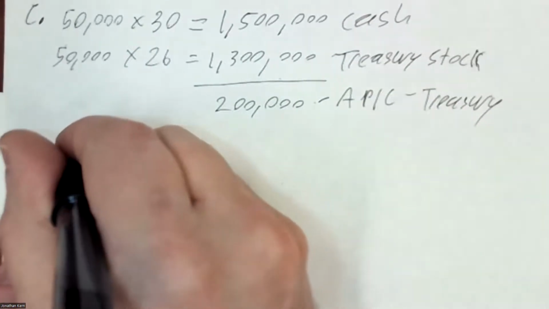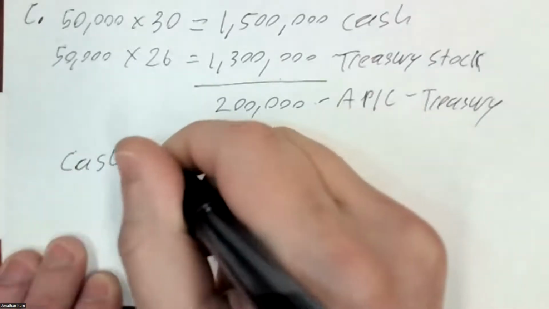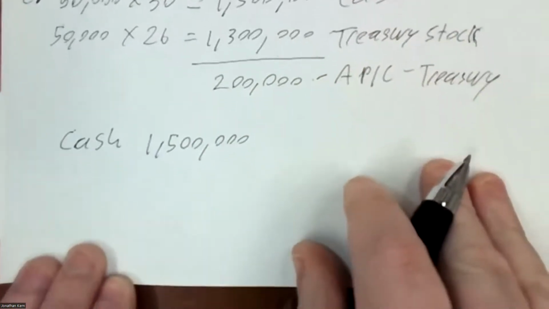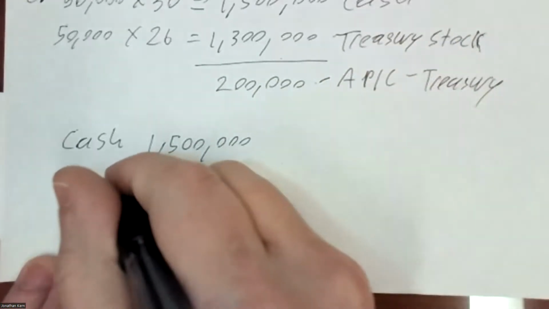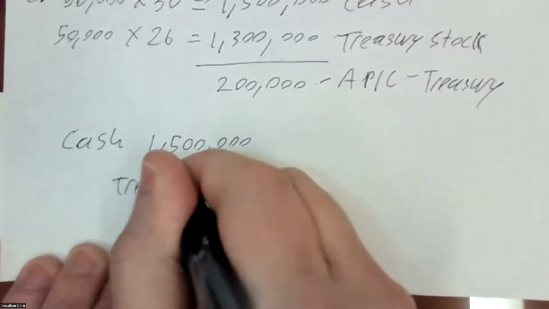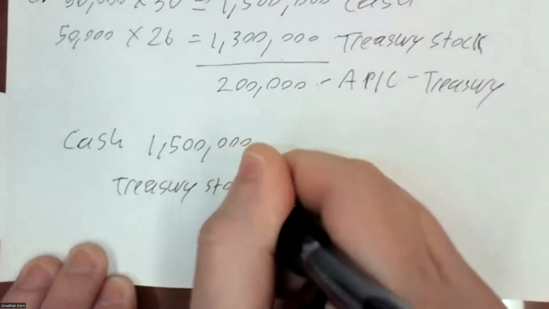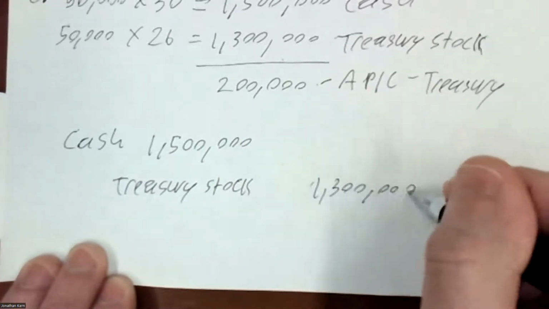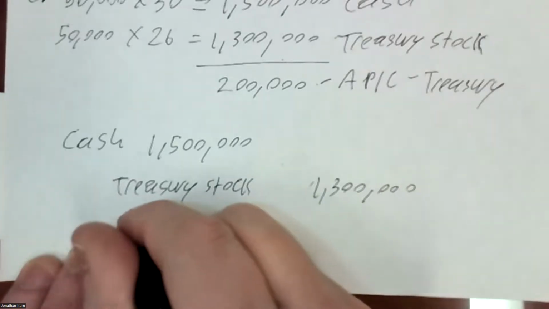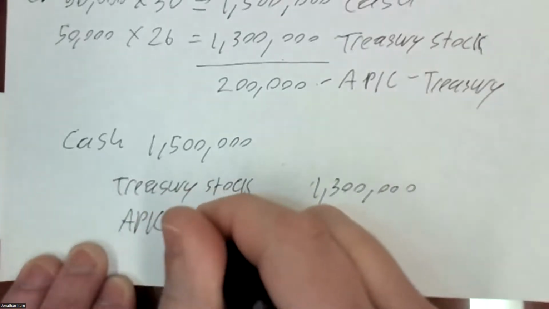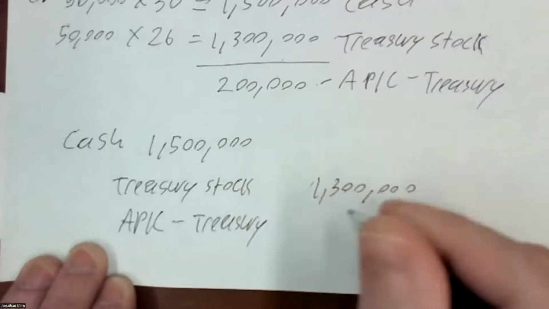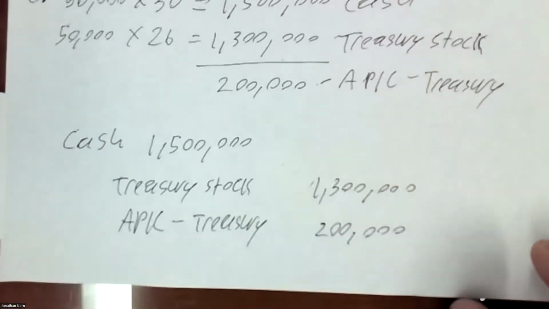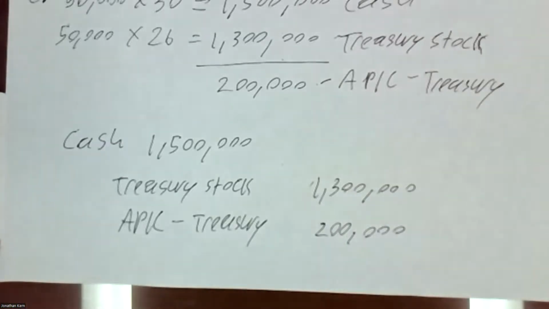So we would debit cash, credit treasury stock, and credit APIC Treasury. That is how we would answer C.